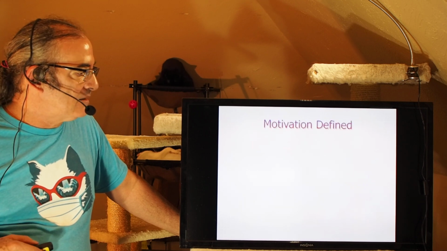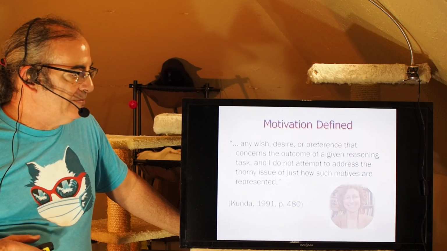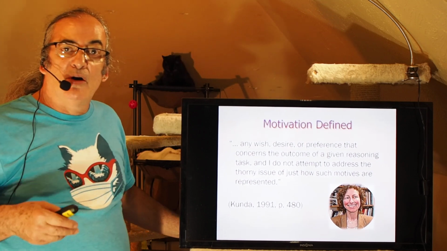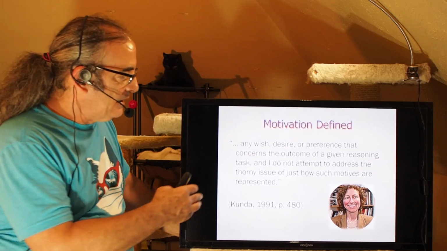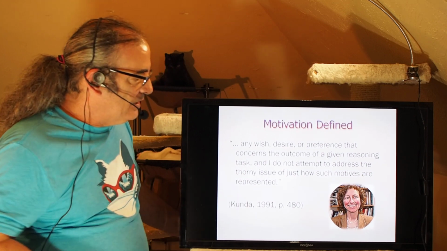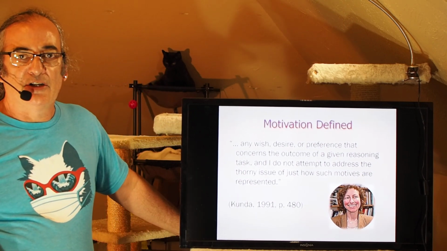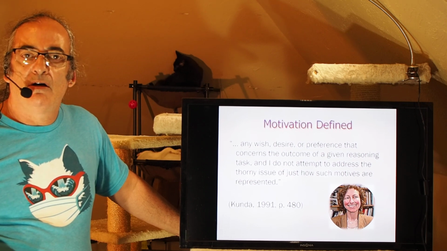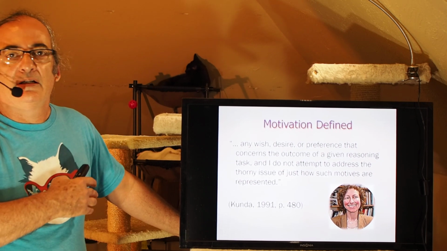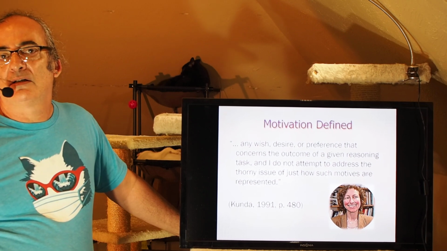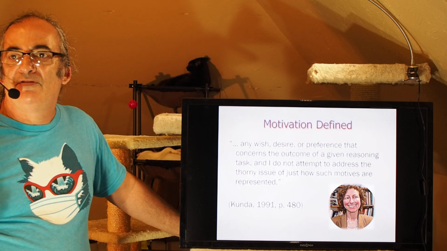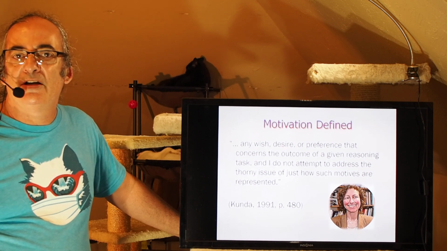Now let's talk briefly about motivation. And remember, I talked earlier about the struggle of establishing motivation in social psychology. And this is Ziva Kunda, and in her 1991 paper, Motivated Reasoning, she challenged social psychologists. She said, look, there are literally tens of thousands of studies that have been conducted in social psychology, and some of them do, in fact, demonstrate evidence of motivation.